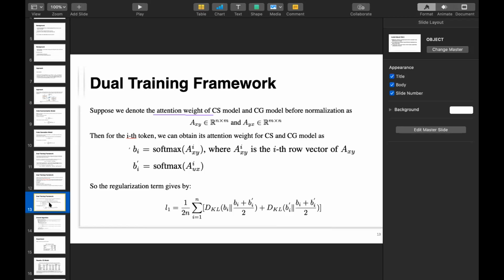So they speculate that AXY and AYX are in a symmetry. The point is, let me rephrase, will you please go back to the previous slide?